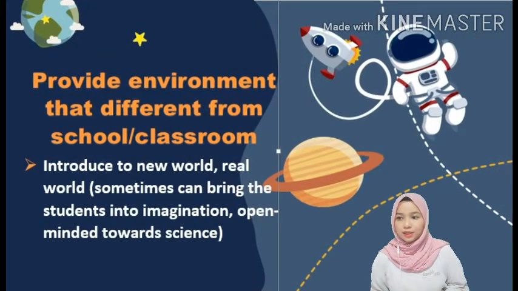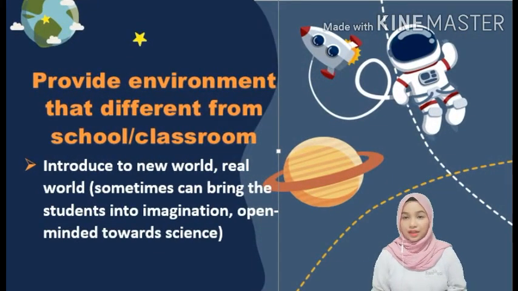The last one is provide environment that different from school and classroom. So science museum is actually the informal learning setting, which learning is intrinsically motivate and proceed through curiosity, observation, and activity.